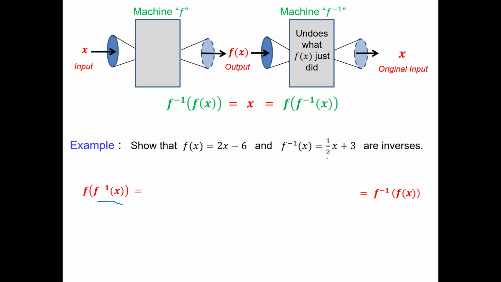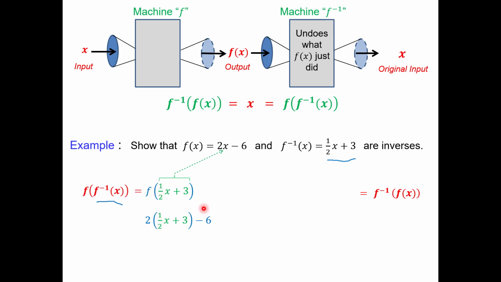So what's in the parentheses, f inverse of x equals 1/2 x plus 3. So we're just going to plug that right into the parentheses. Then, think about it. F of something, remember what this means, f of something goes right into this spot for x. F of x equals 2x minus 6, so f of 1/2 x plus 3 equals 2 times 1/2 x plus 3 minus 6. So this is what we discussed in the composition video.